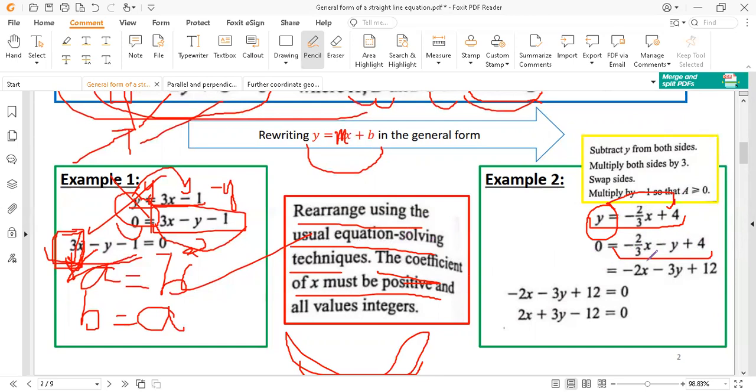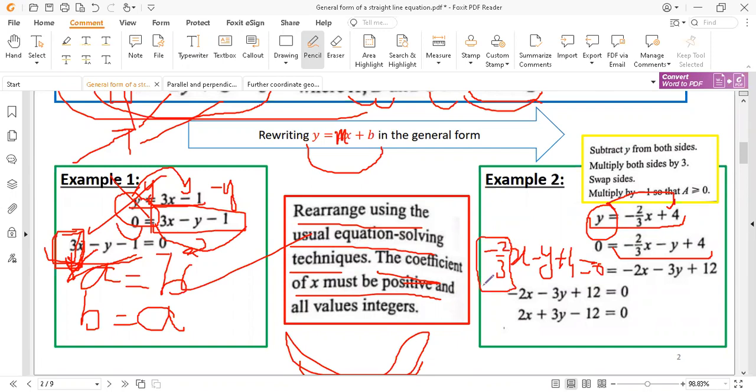Normally, it is easy to say that we will obtain -2/3 x - y + 4 = 0. But if we verify the type of the coefficient here, -2/3 isn't an integer.